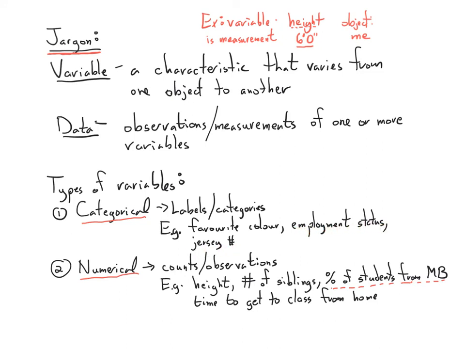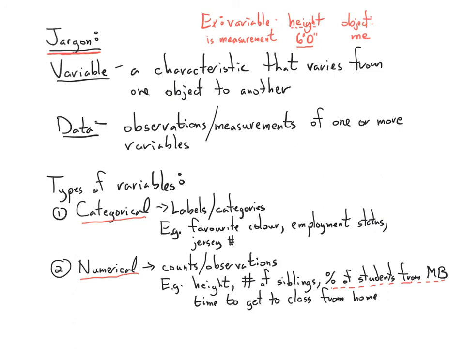Jersey number, even though they're numbers, you could think, well, they're numbers, so it's going to be numerical. But no, jersey numbers, be careful here, because you're not counting or measuring anything. They are just a label that goes to a particular player on, say, a hockey team. You could imagine nothing would really change if you replaced jersey numbers with jersey letters.